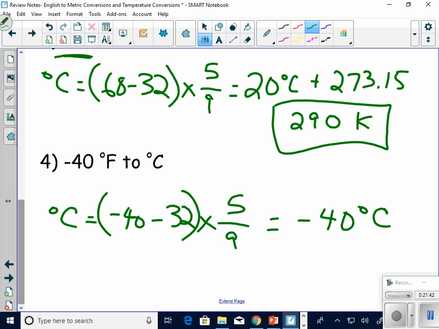Now, why did I say that's a good trivia question? Okay. What is the question? What do you think the trivia question is? Okay. Actually, the trivia question will ask you, when is the Celsius scale the same as the Fahrenheit scale? Okay.